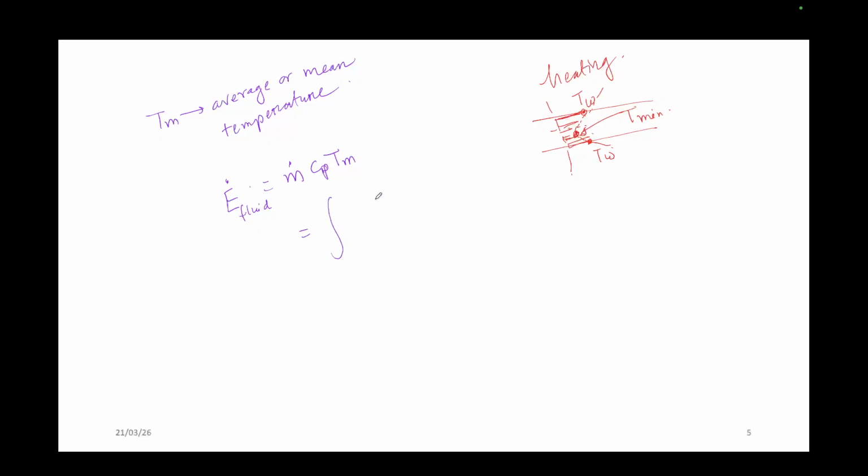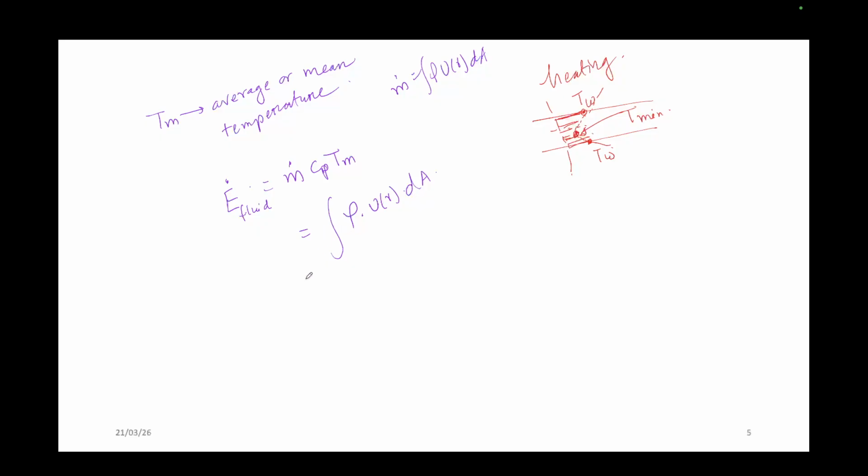You need to integrate. For this integration, what are the variables? The Cp, and the mass flow rate you know from the earlier slide. This mass flow rate is rho ur into area dA. This is for m, because we know m is rho ur dA.